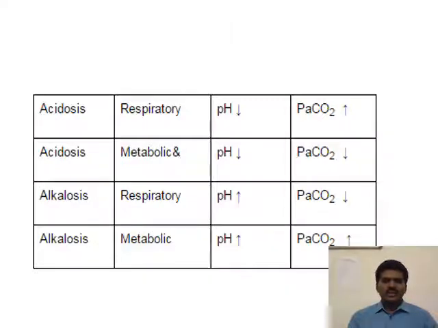In respiratory alkalosis, pH is increased, PaCO2 is decreased. So the change is opposite, hence it is respiratory. Metabolic alkalosis: pH is increased and PaCO2 is also increased, in the same direction. So in metabolic disorders, pH and PaCO2 change in the same direction. In respiratory disorders, they change in opposite directions.